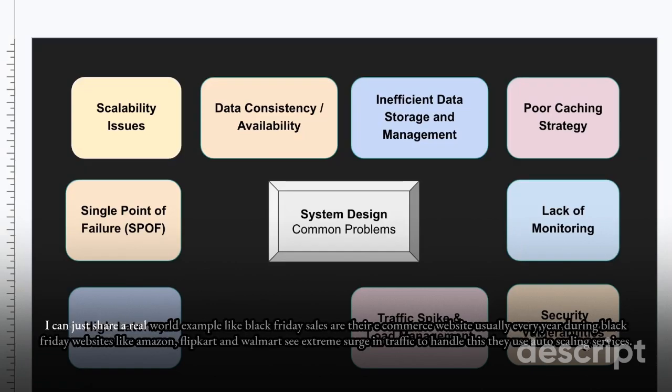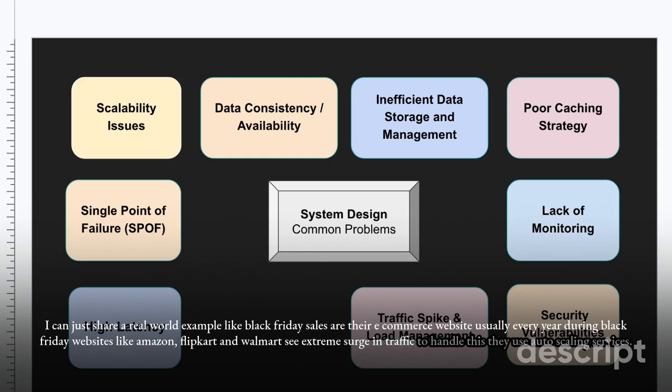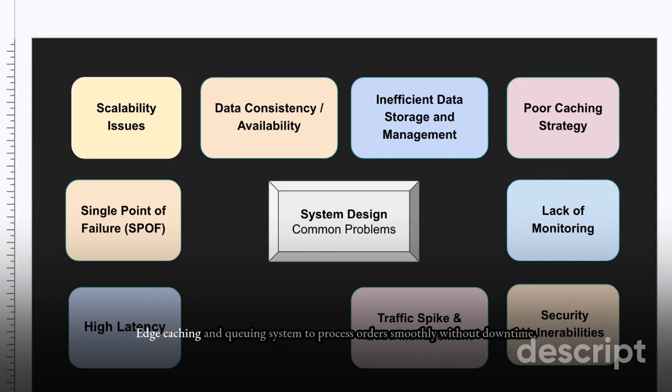I can share a real-world example like Black Friday sales. E-commerce websites like Amazon, Flipkart, and Walmart see an extreme surge in traffic every year during Black Friday. To handle this, they use auto scaling services, edge caching, and queuing systems to process orders smoothly without downtime.